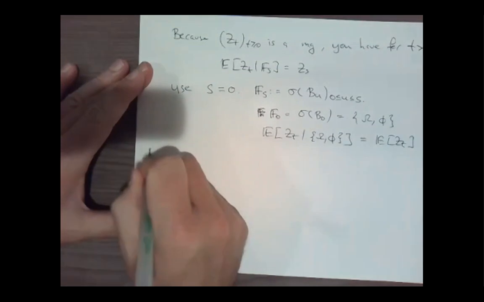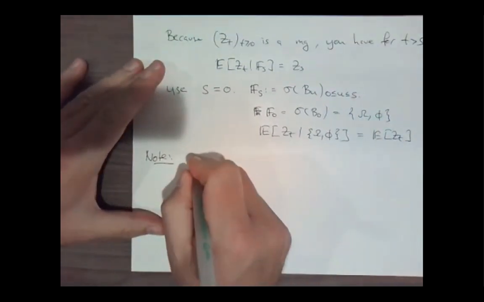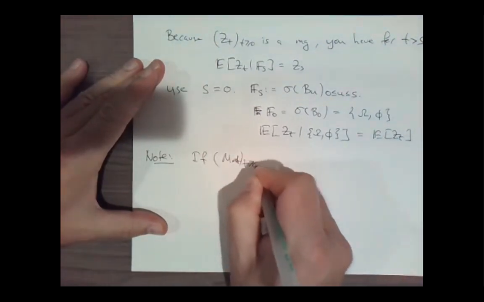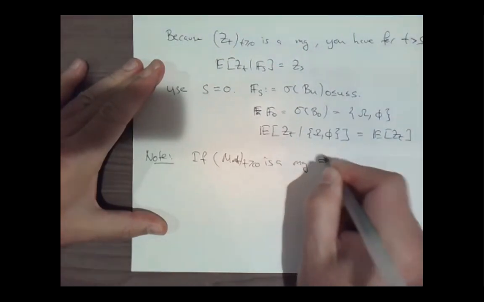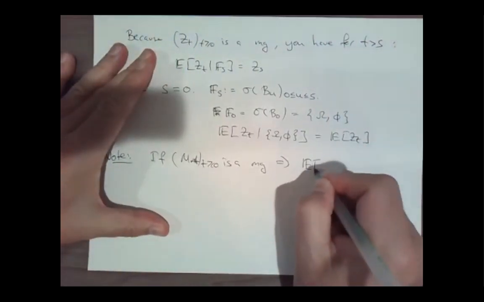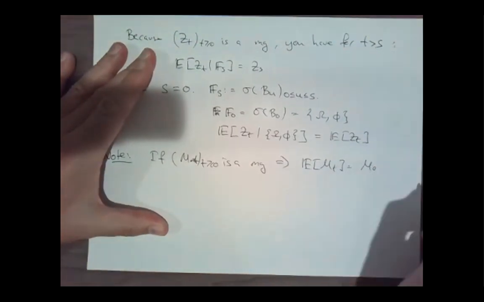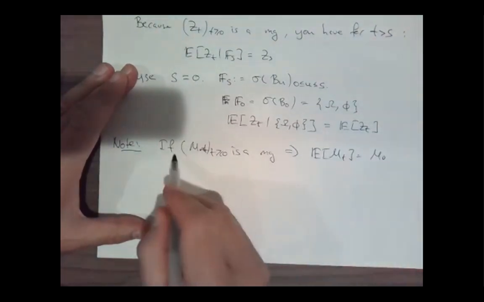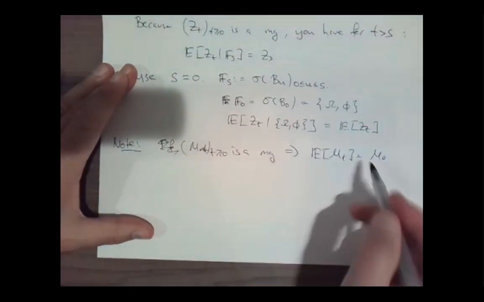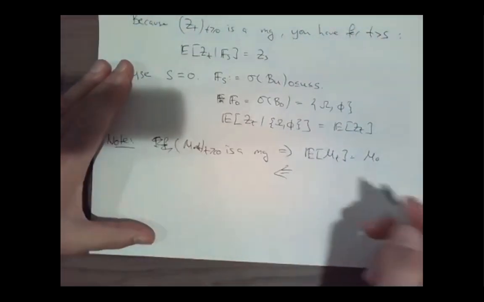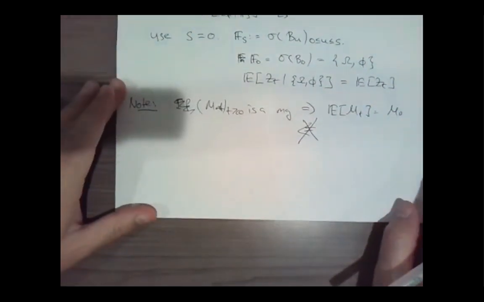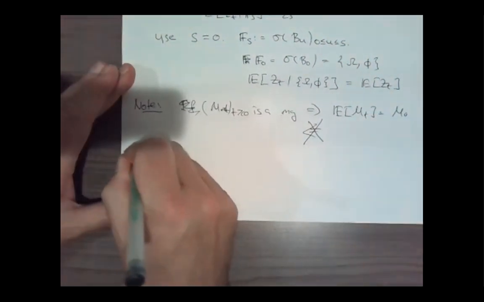So this is something just to note: if M_t is a martingale, then the expectation of M_t is equal to M_0, so it has constant expectation. The converse is not true.